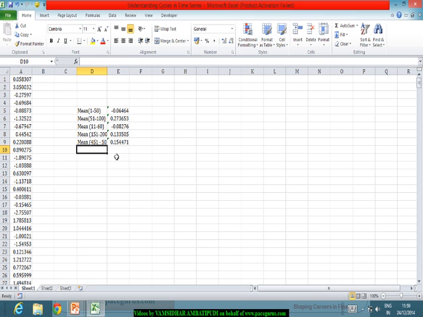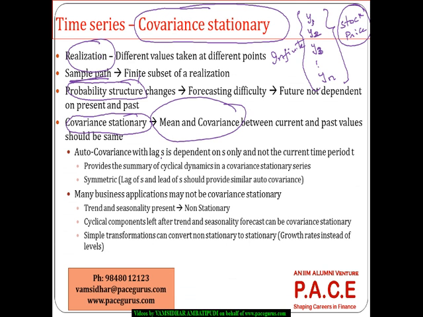The mean from 451 to 500 is 0.15, and 151 to 200 is 0.13. More or less they are the same. There is no pattern of increasing or decreasing coming up. So that means the mean of the current and the past values is more or less the same.